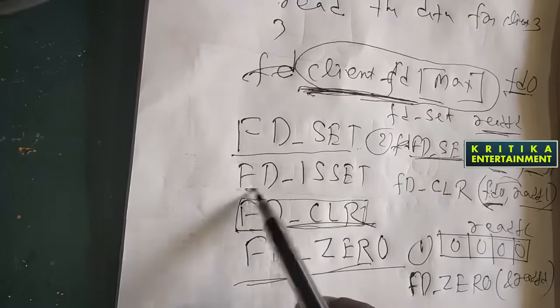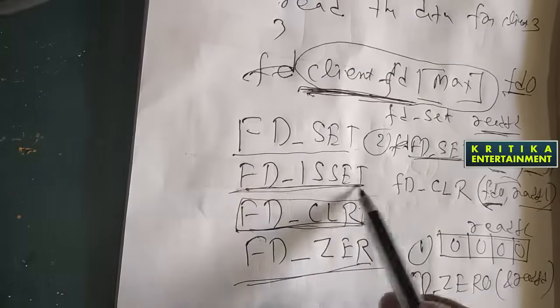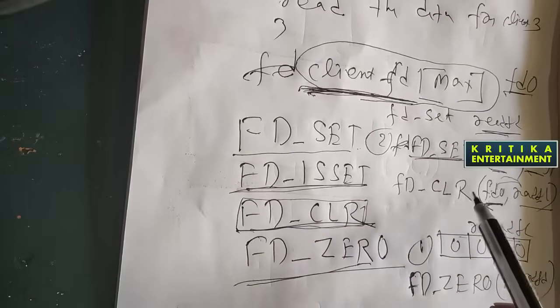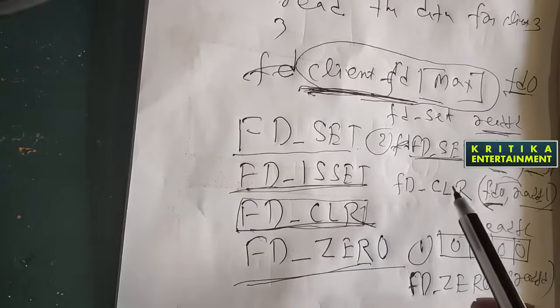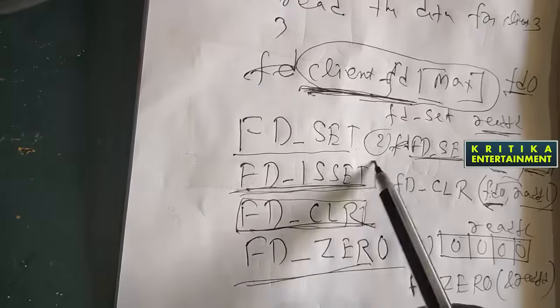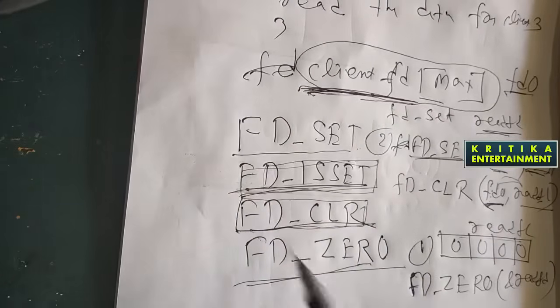And what is FD_ISSET? FD_ISSET is used to check whether this FD has some data and whether this FD is residing inside the read FD set or not. If it is available in the read FD set, when some data will be available in this FD, then FD_ISSET will be true and you can write the function.